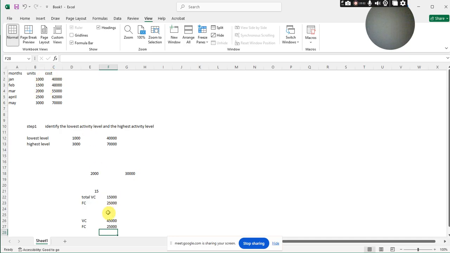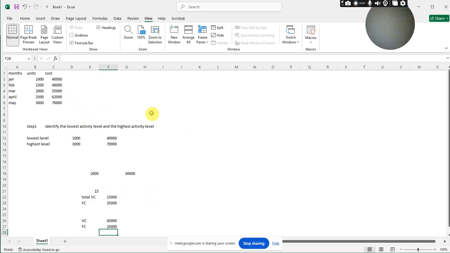Then to get your fixed cost, subtract this 15,000 from the 40,000 naira cost. This is the total cost, right? So we subtract our 15,000 from the 40,000. You get your fixed cost to be 25,000.